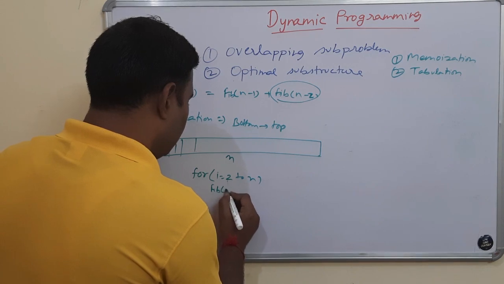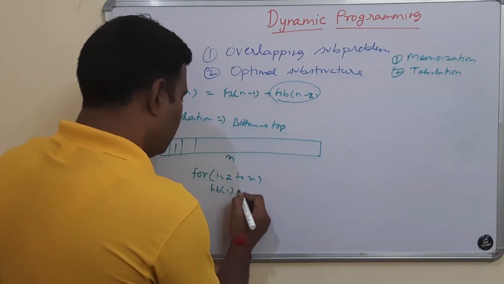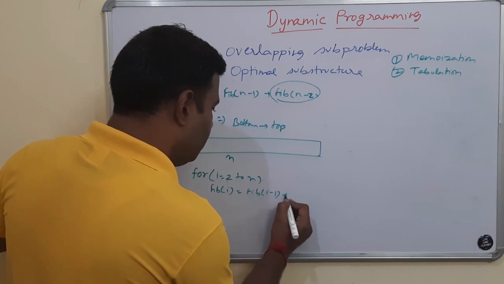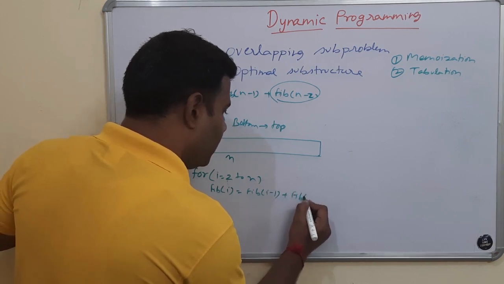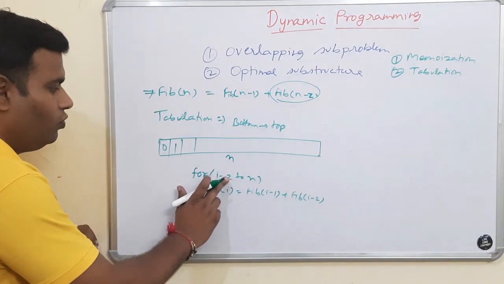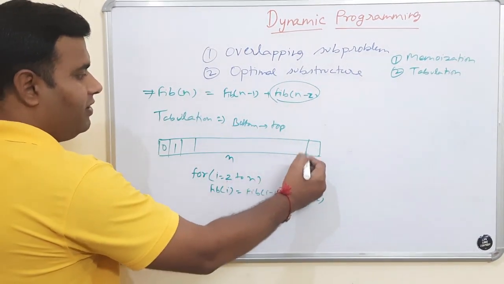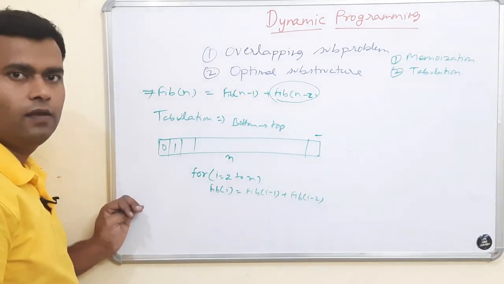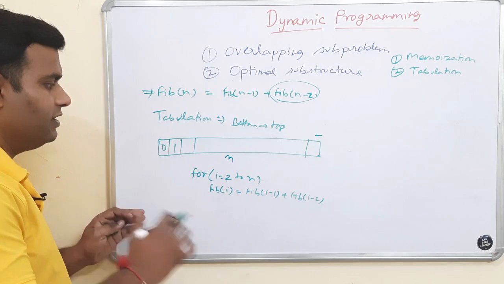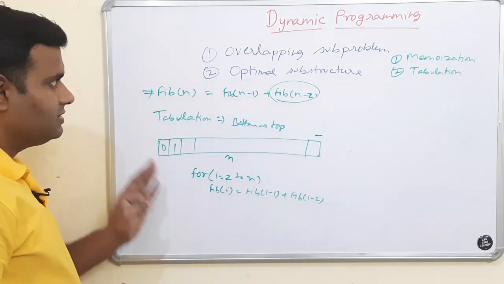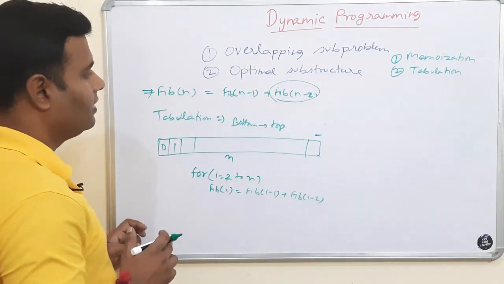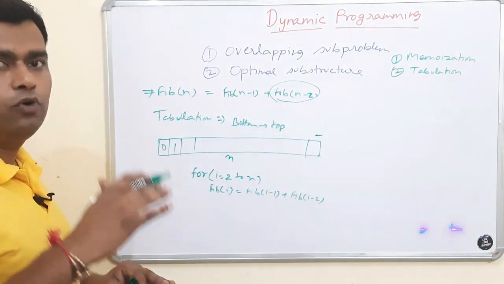Fib of i equal to fib of i minus 1 plus fib of i minus 2. i is starting from 2, and in the end you will fill this solution using iteration. This is a dynamic programming solution using the tabulation technique, building the solution from bottom to top.